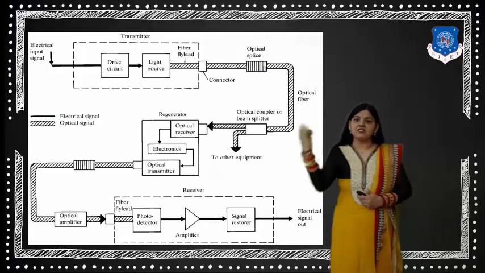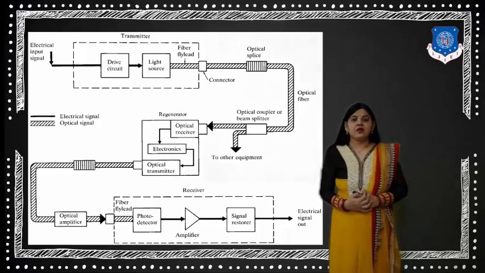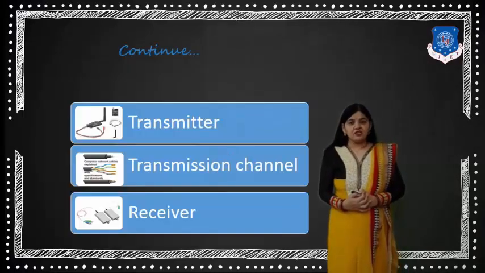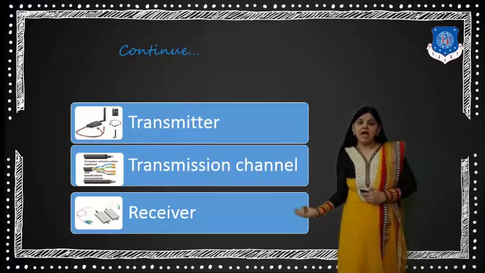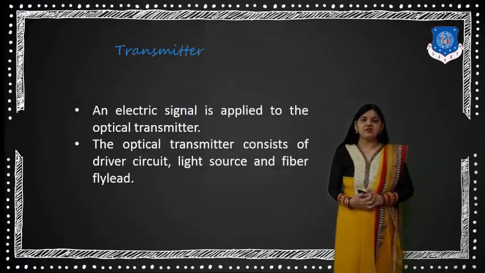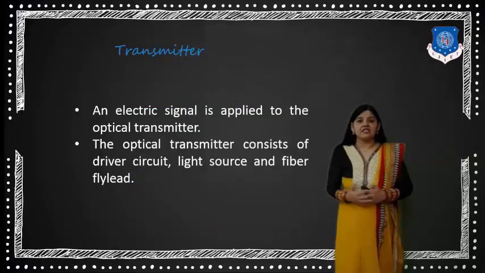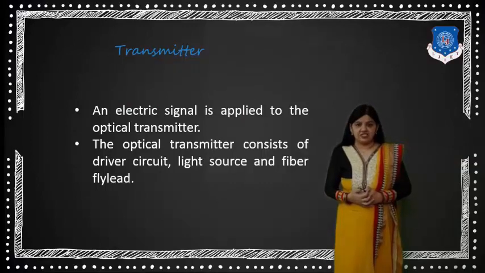Now here you can see the block diagram of the optical fiber link, which consists of the transmitter, transmission channel and the receiver. The transmitter will transmit the electrical signal which is applied to the optical transmitter.